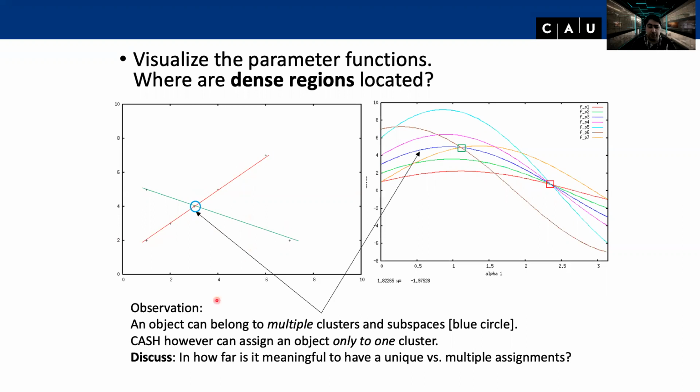So the lesson learned from here is an object in CASH can belong to multiple clusters and therefore to multiple subspaces. However, what CASH is doing, it says, no, I assign an object to only one cluster. It's either to the green or to the red one.